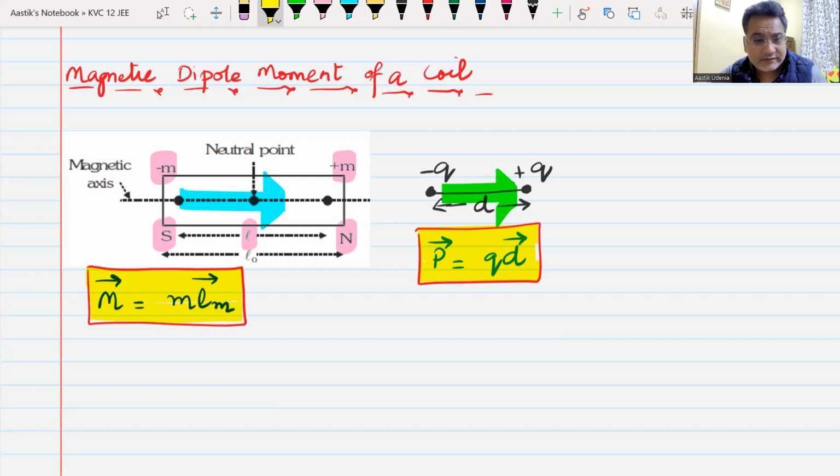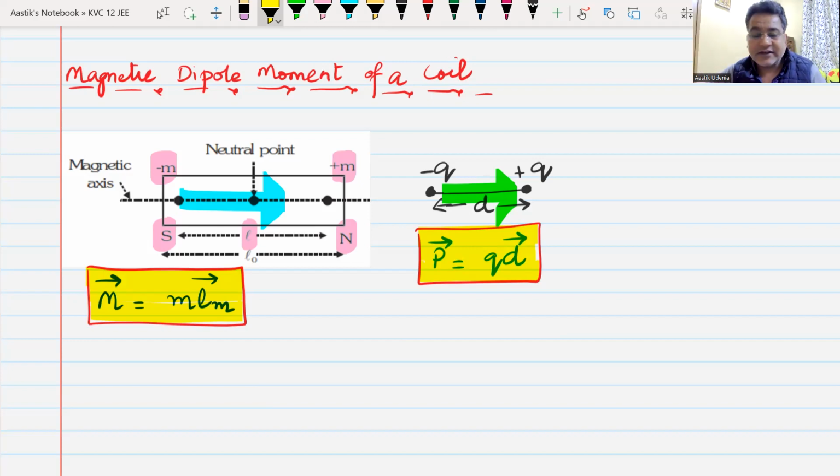A current carrying coil produces magnetic field. A bar magnet also produces magnetic field. So a bar magnet is always characterized by the magnetic dipole moment.